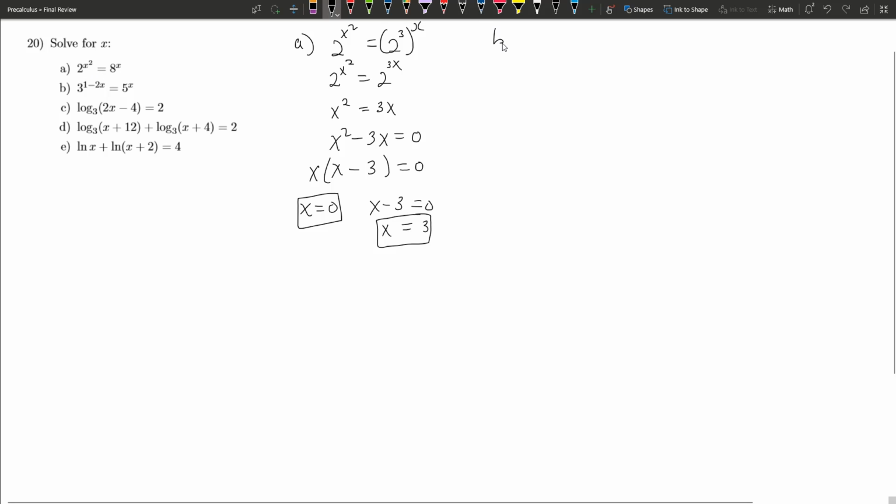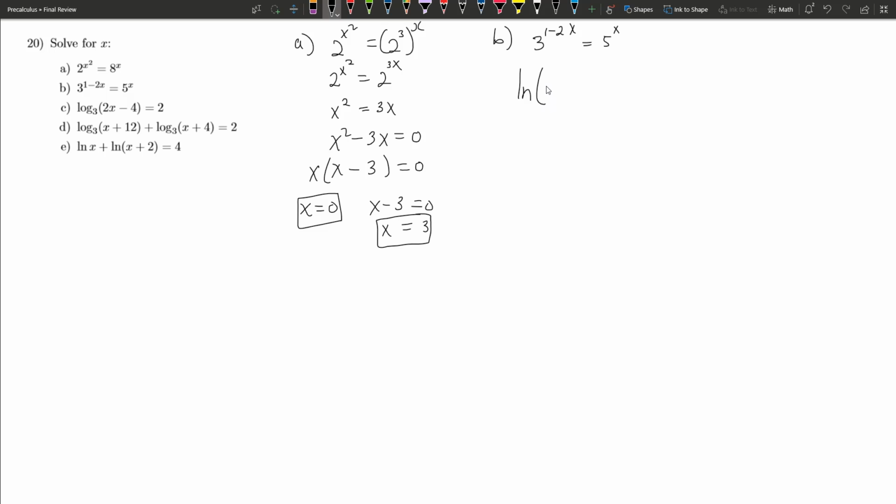Let's do b. So b is 3 to the 1 minus 2x is equal to 5 to the x. Now notice these numbers are relatively prime, so you cannot rewrite one as a power of the other one. So this is where logs come in handy, and I'm going to use a natural log in order to solve this.